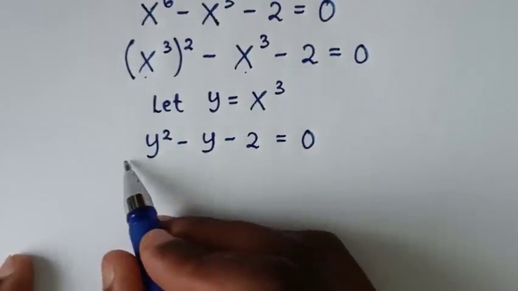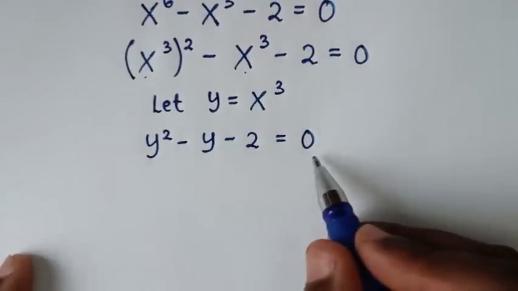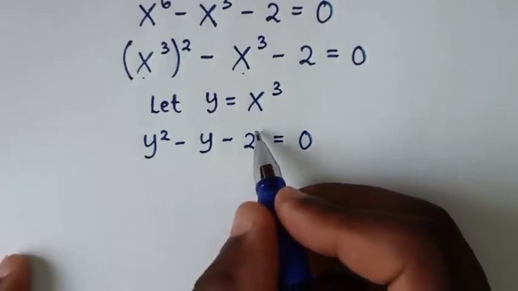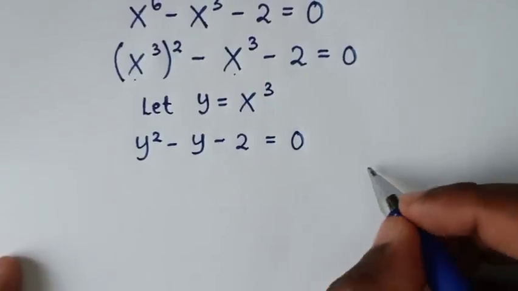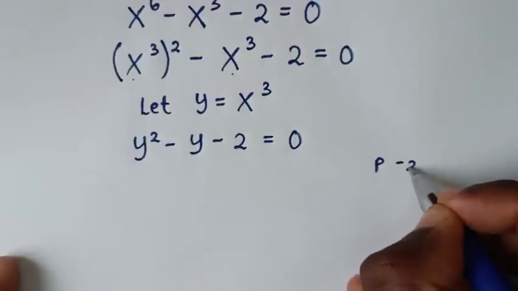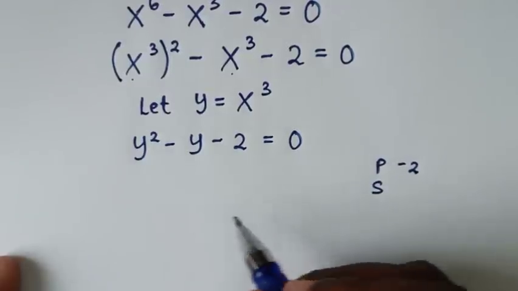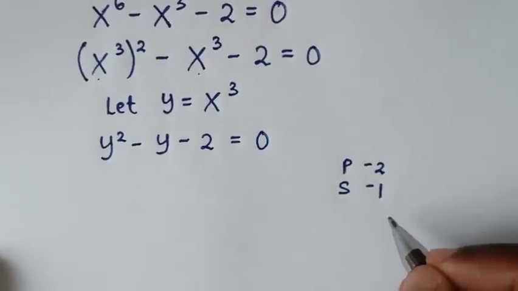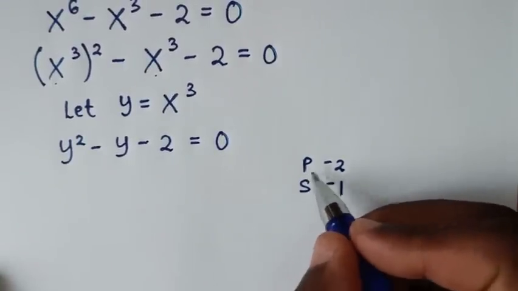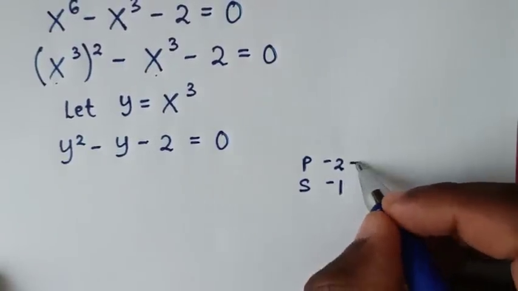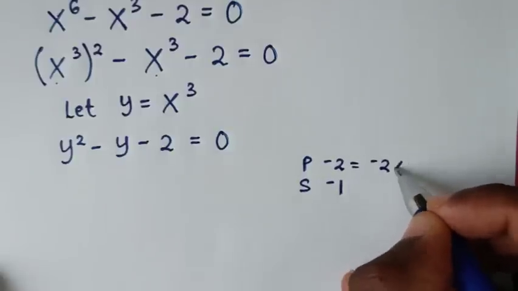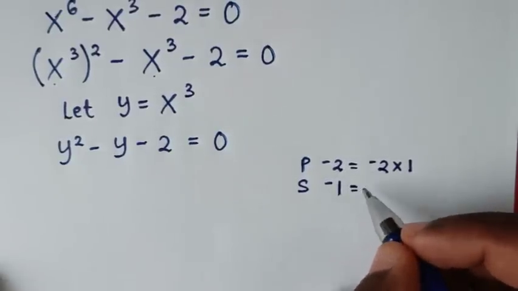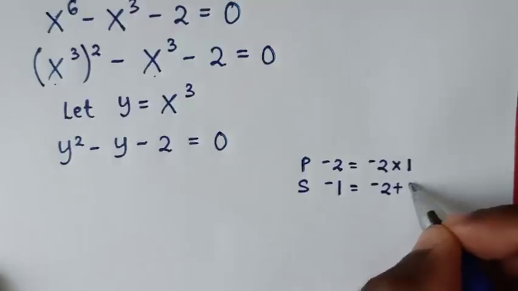This quadratic equation can be solved by grouping and factorization. Now the product is the constant, which is negative 2, and the sum is the coefficient of y, which is negative 1. To get a product of negative 2 is negative 2 times 1, and to get the sum of negative 1 is negative 2 plus 1.